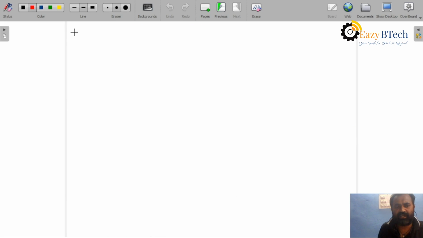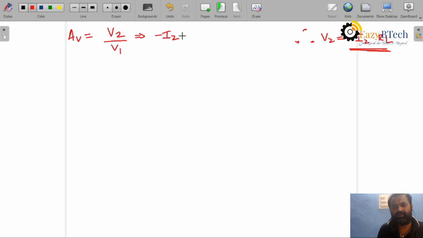Next, the voltage gain AV = V2 by V1. We already know V2 = minus I2 into RL, so AV = minus I2 RL by V1.